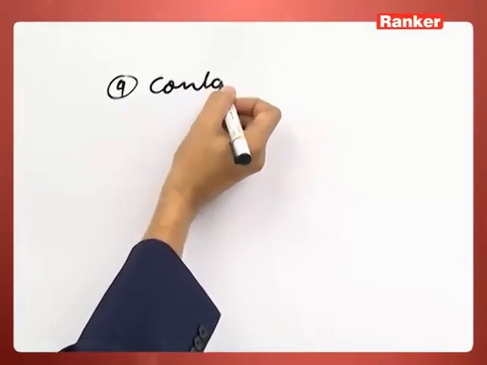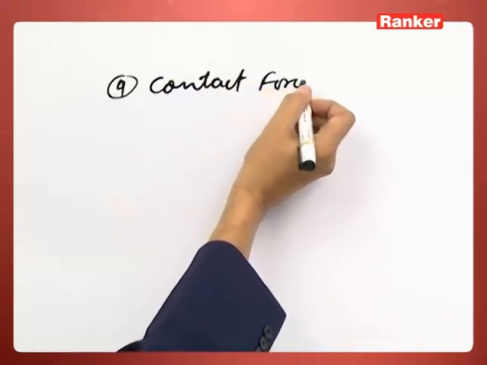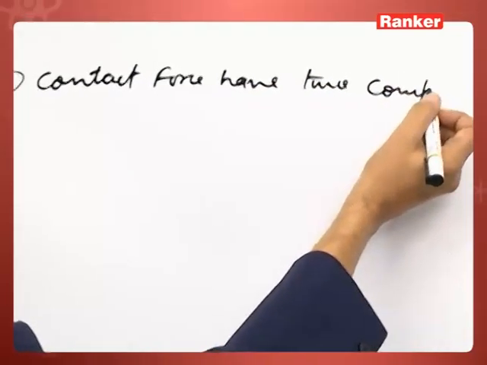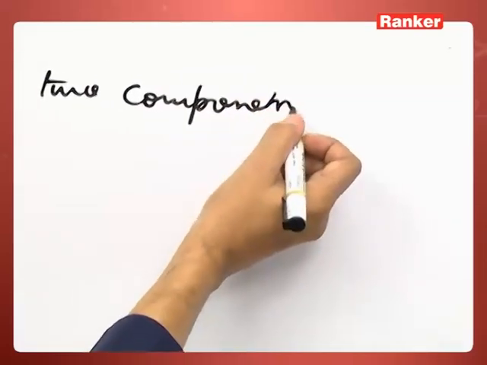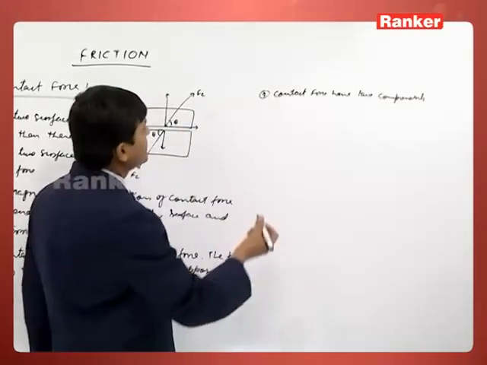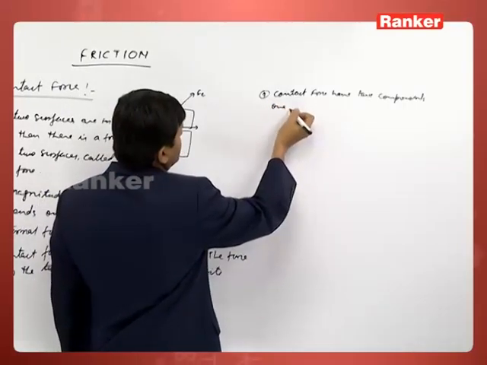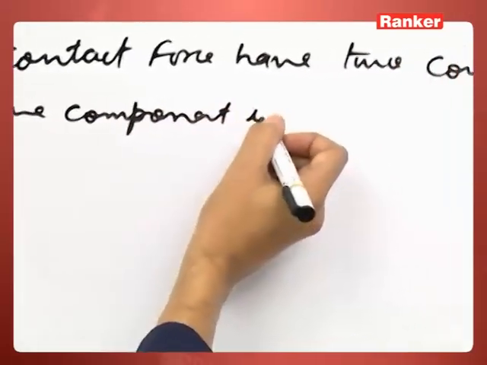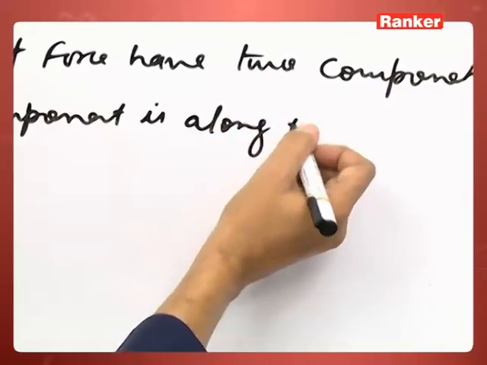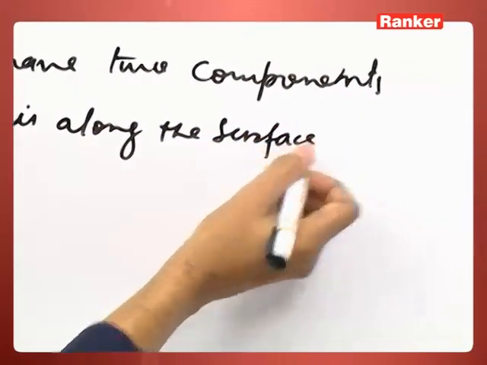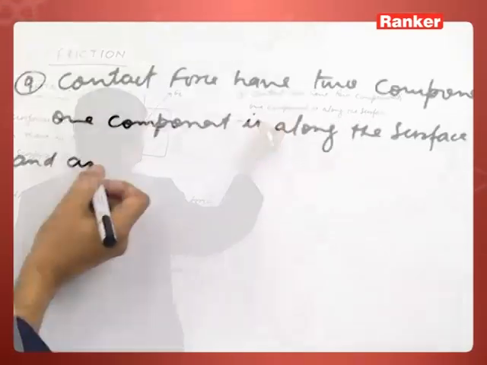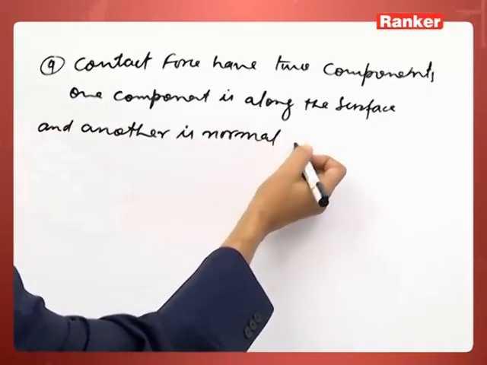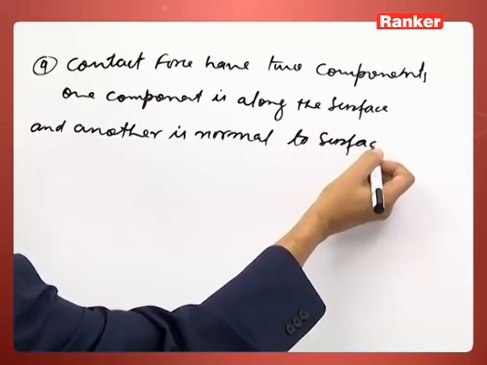The fourth point we can say: contact force has two components. One component is along the surface, and another is normal to the surface.